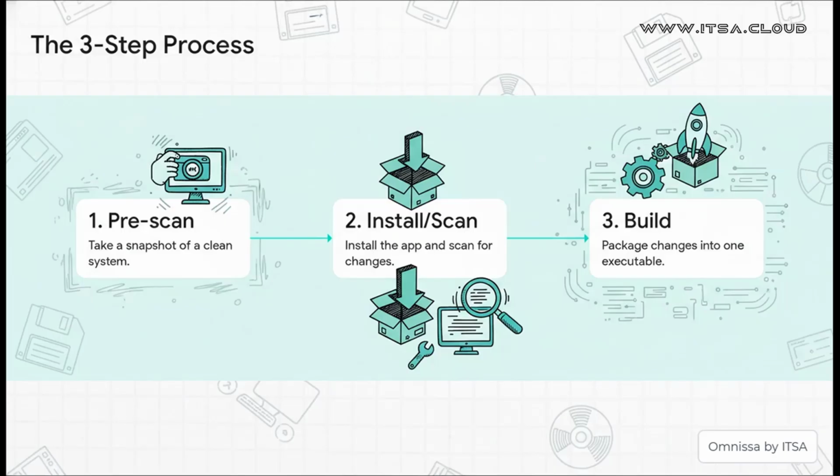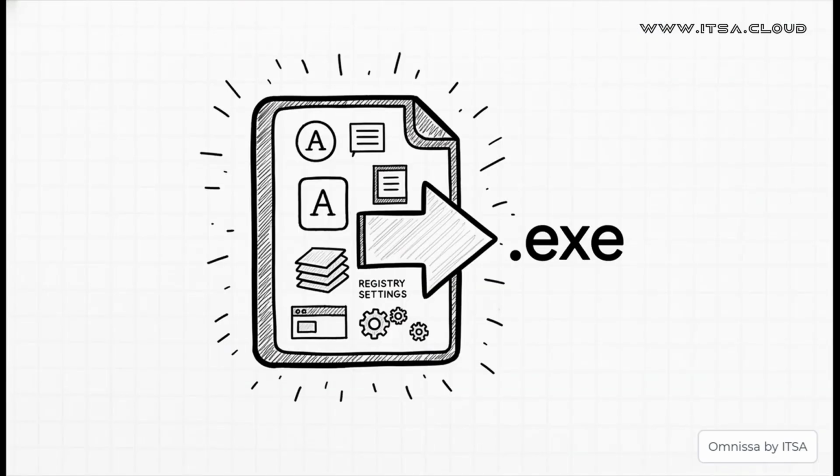Second, you just install your old application like you normally would, and a second scan figures out every single file and registry key that changed. And finally, you just click Build. And the result? Well, that's the real magic. ThinApp takes all of those changes and packages them into a single executable file. The entire application, its files, its settings, everything is now inside one self-contained unit. It's ready to run absolutely anywhere.